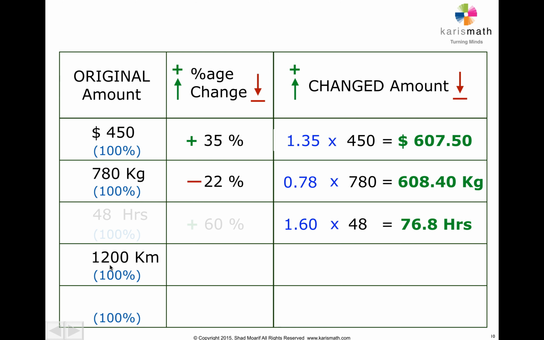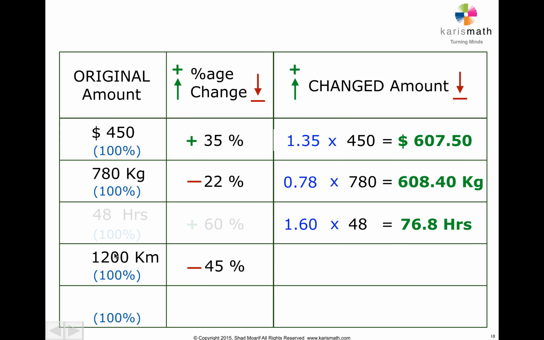Next one. 1,200 kilometers. What are we doing to this now? Are we increasing it or decreasing it? Yes, we're decreasing 1,200 kilometers by what? By 45%. You're decreasing, that means if all of it was 100%, what will 100% become now? That's right, it becomes 55% of what it was.